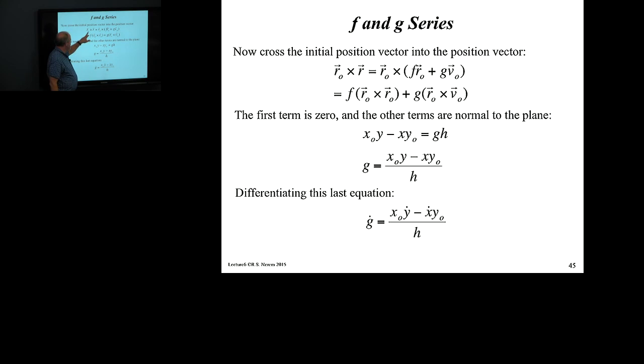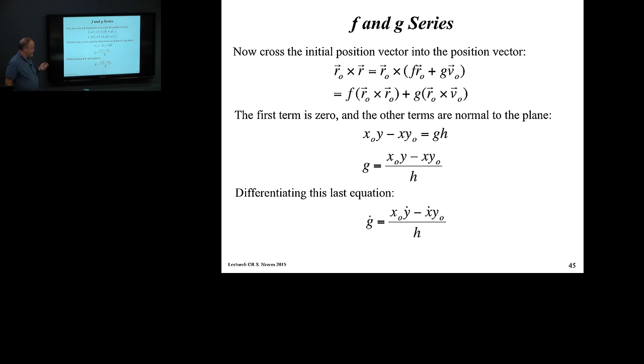R0 is just your initial position, and R is your position expressed in the F and G series. Again, a vector crossed into itself is 0, so this turns into G times R cross V, which is H. So you get GH. This is the result of taking that cross product. You can solve for G, take the derivative, and get G dot. So now we have expressions for F, G, F dot, and G dot.